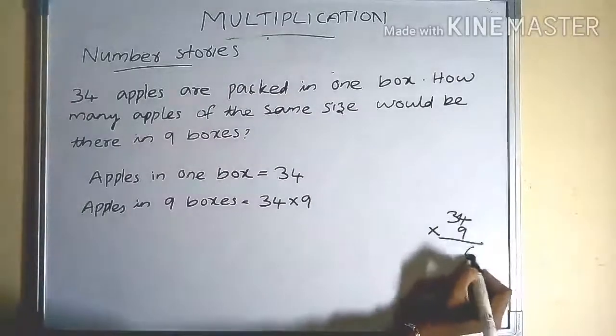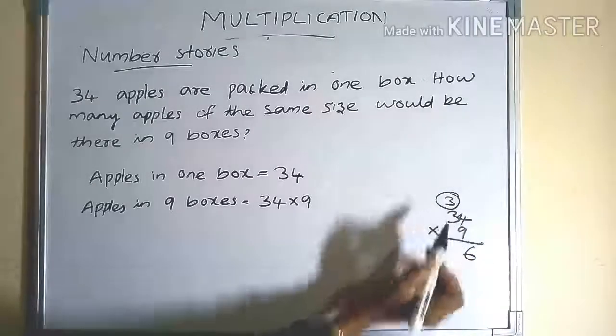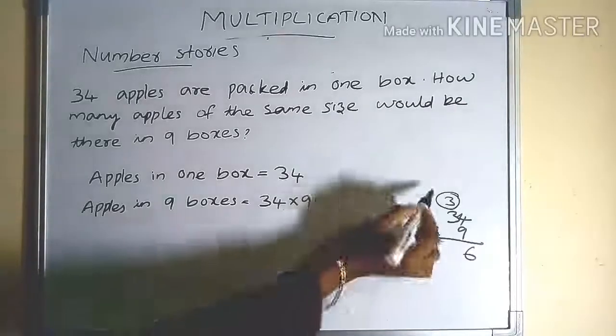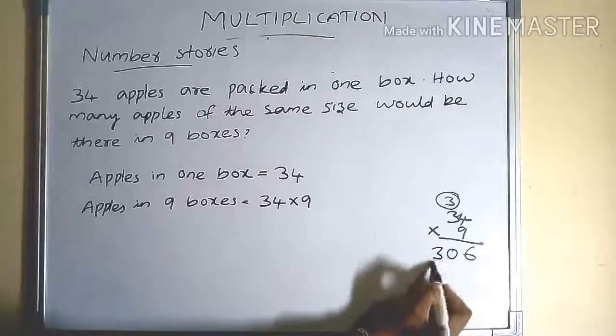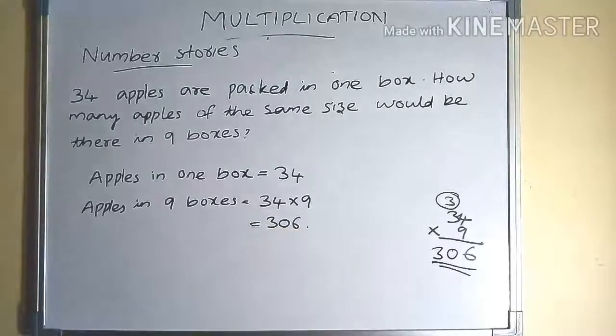So, write 6 here, remaining 3 carried over here. Next, we multiply 9 into 3. 9 into 3 is equal to 27. 27 plus 3, 30. So, what is the answer? 306. So, we can say that 306 apples are in 9 boxes. Apples in one box is equal to 34. So, apples in 9 boxes is equal to 34 into 9 is equal to 306.